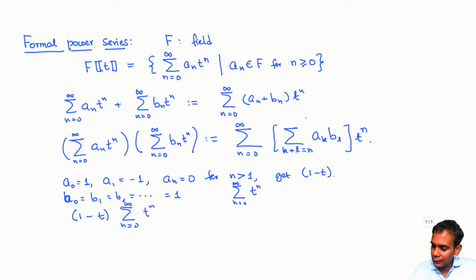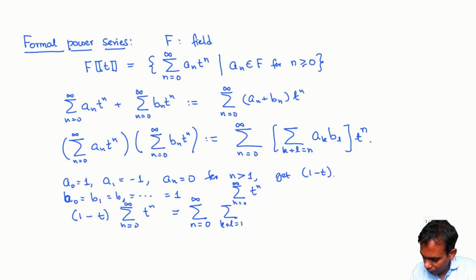and now you're going to apply this rule here for multiplication, then what you see is that you will get summation n goes from 0 to infinity, and then k plus l equals n. But a_k is non-zero only when k is 0 or 1. So first let's write the n equals 0 term out.